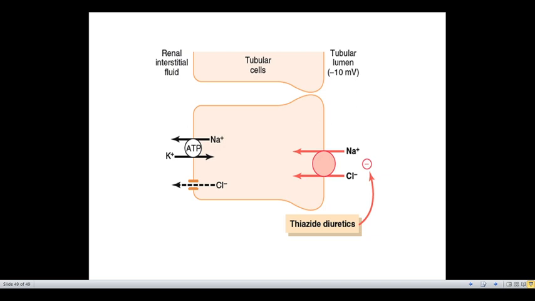And sodium is pumped out of the cell by sodium potassium pump, and chloride diffuses from the renal epithelial cell into the interstitial fluid via chloride channels. With this, I end today's lecture.